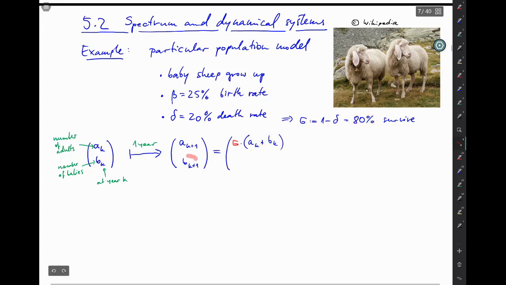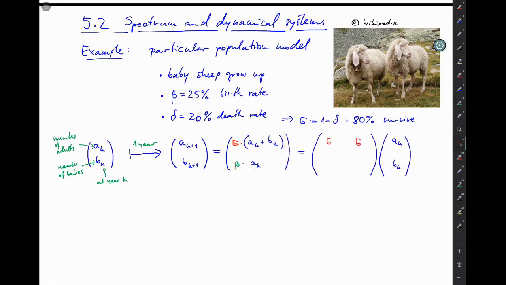Okay, and how many babies are you going to have next year? Well, every pair of adults that you had this year with a percentage of 25% is going to have a new baby. Okay, and that's your population vector at year k plus 1. Now let's try to express that in terms of the population vector at year k. And looking at these entries, you obviously need the following matrix.